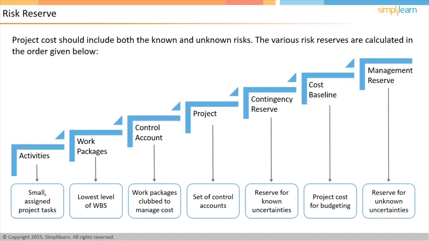By adding contingency reserve, you have taken care of known uncertainties, and by adding management reserve, you take care of unknown uncertainties. That is, those risks that perhaps have not yet been identified. Unknown uncertainties are added based on experience or expert judgment.